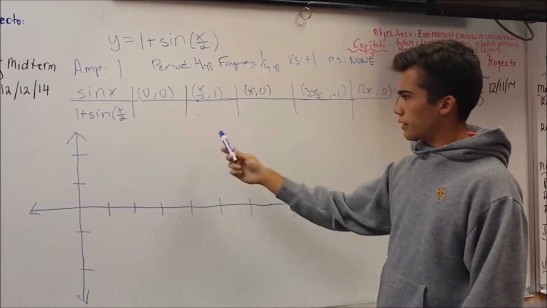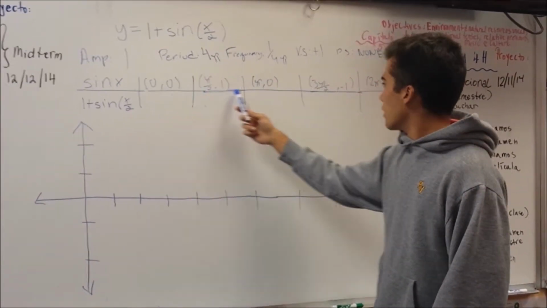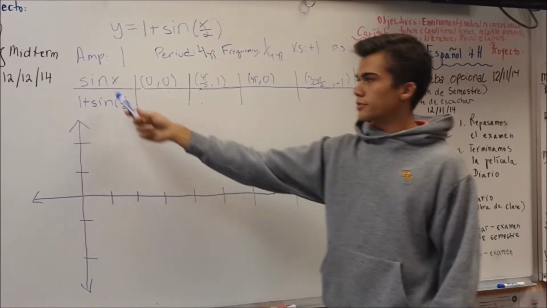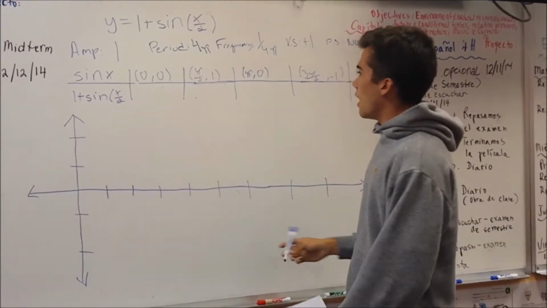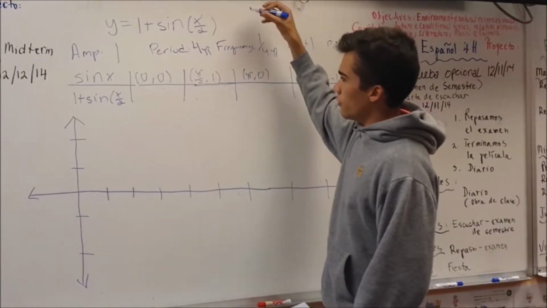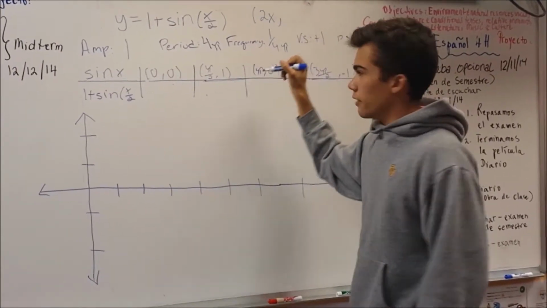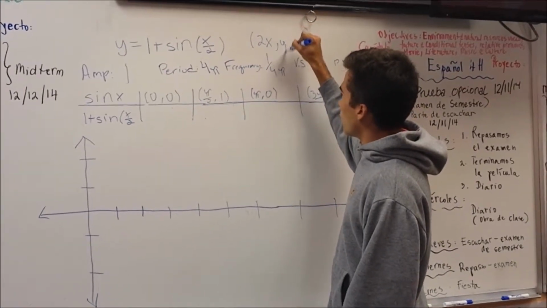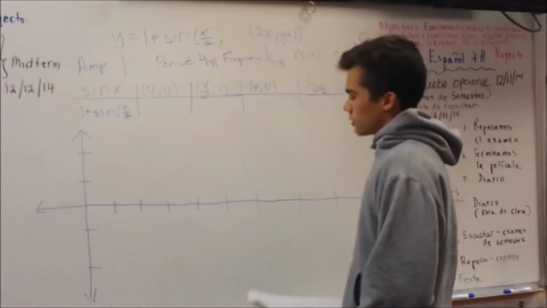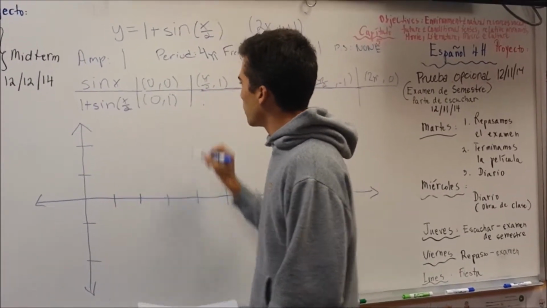Now we can move to our table. And these are coordinates given to us by the book for the original sine x function. And so due to the frequency, our new x value will be multiplied by 2, and our new y values will have 1 added to them. So the first coordinate would be 0, 1.